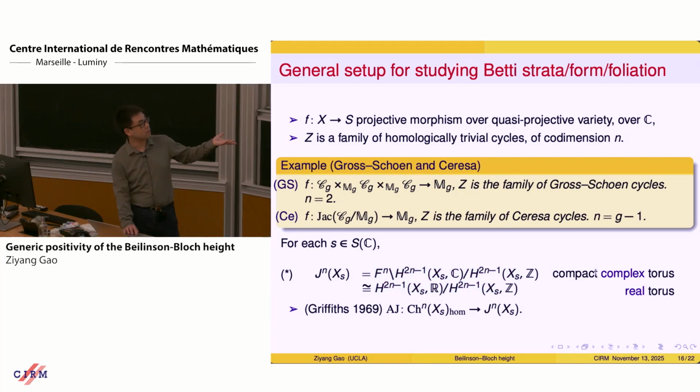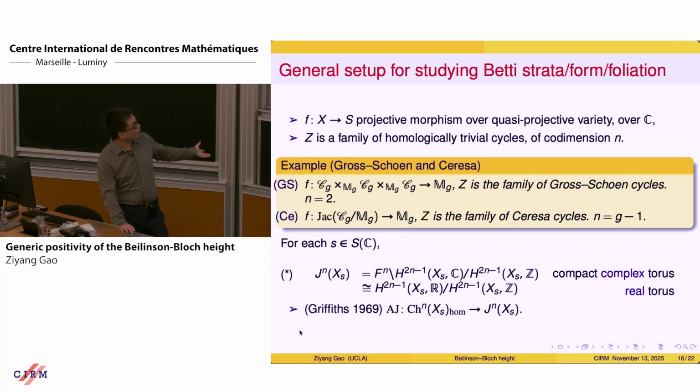It is a complex torus, which is compact, and it's isomorphic to the real torus in a canonical way. So each fiber is like that. We do have something like that already: an abelian variety can be seen as a real torus and as a complex torus. So this is just a generalization of that without the algebraic structure.